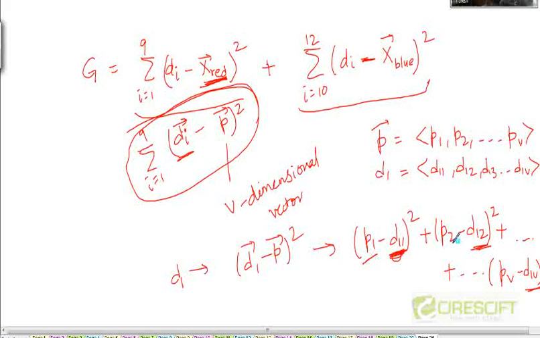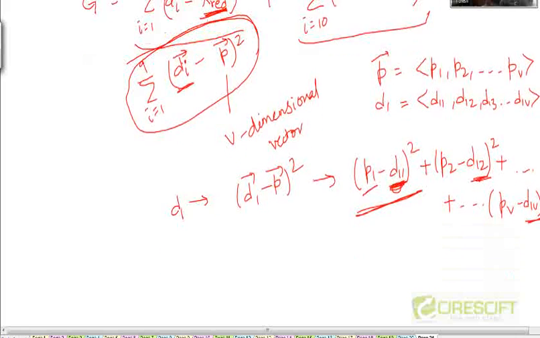So these are variables, but they are independent variables, because this corresponds to the coordinate along one of the axes, the other corresponds to a coordinate along the other axis, and so on. So you can independently compute what value of P1 will minimize this component. Of course, this is not the only term here.